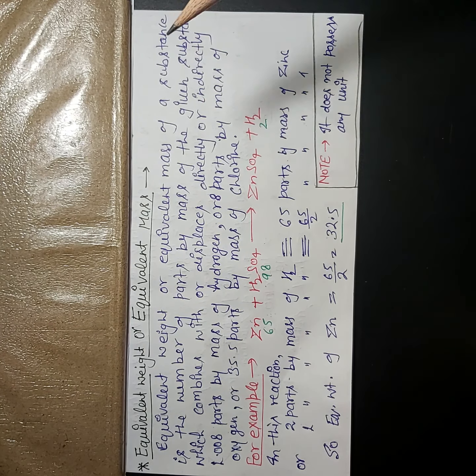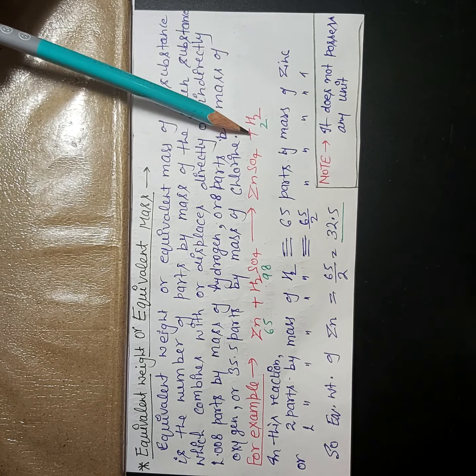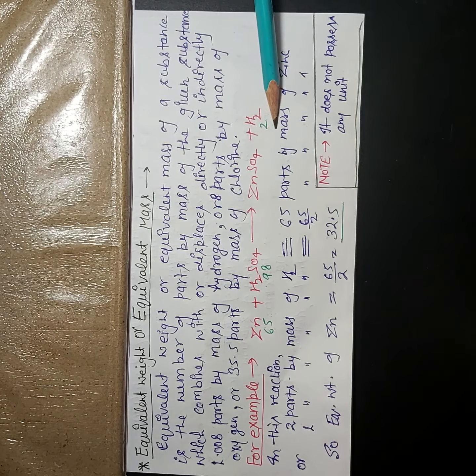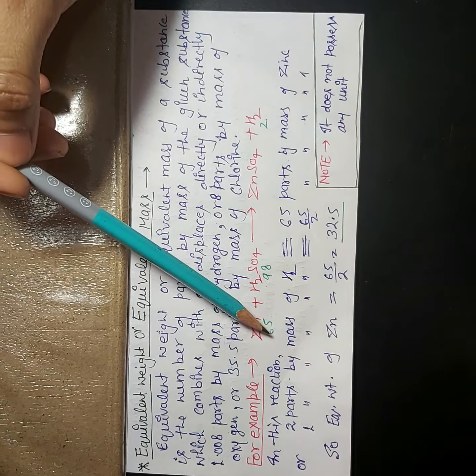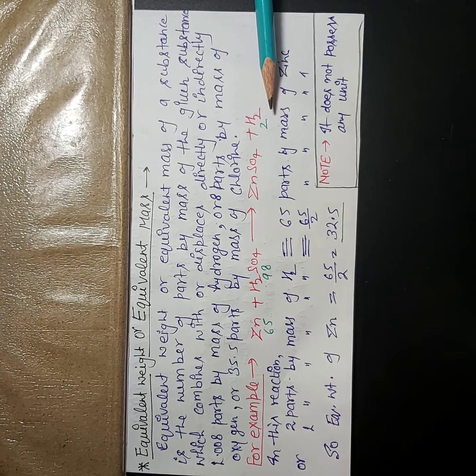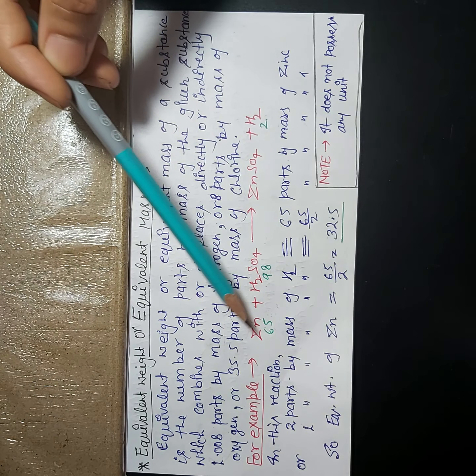For example, zinc plus H2SO4 converted into ZnSO4 plus H2. In this reaction you can see that two parts of hydrogen are displaced by 65 parts of zinc. So one part will be displaced by 65 upon 2 parts of zinc.